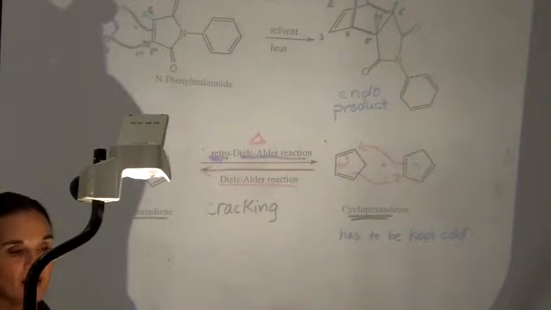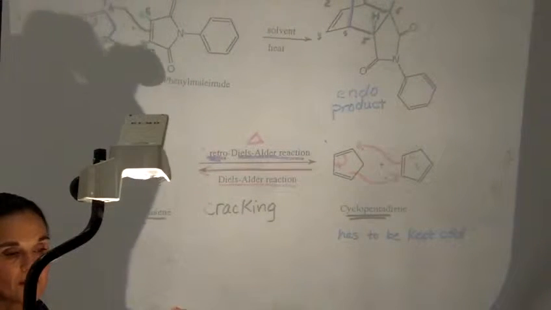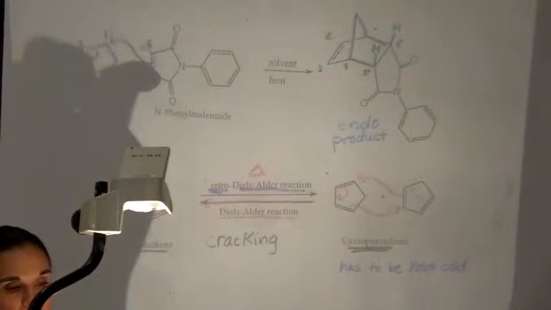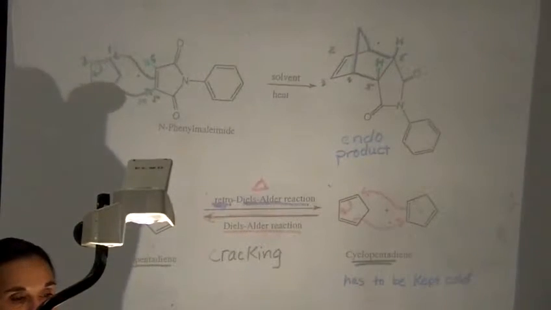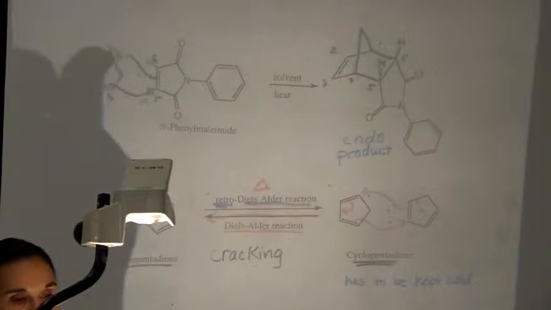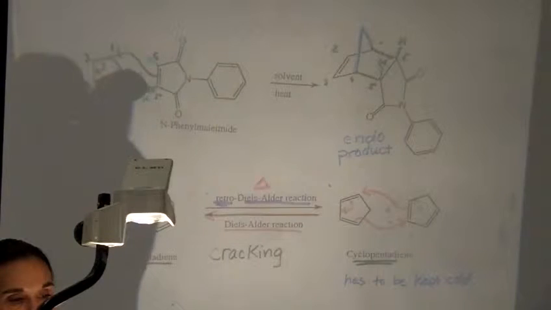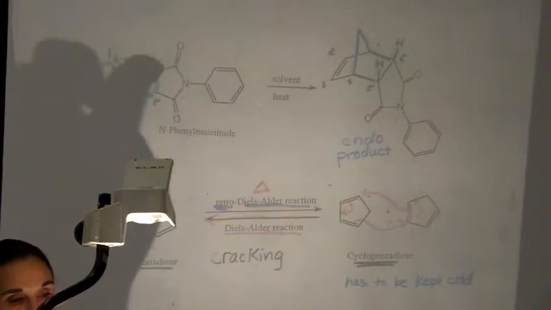Okay? And so we have the electron flow from our dienophile to carbon 1, kick around of the electrons and electrons back to carbon 5. So if we've got 1, 2, 3, 4, 5, 6. So 1, 2, 3, 4 to 5, and it all started between 5 and 6. Then we get the endo product.